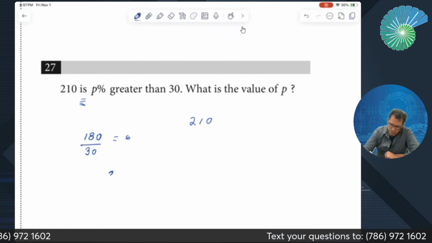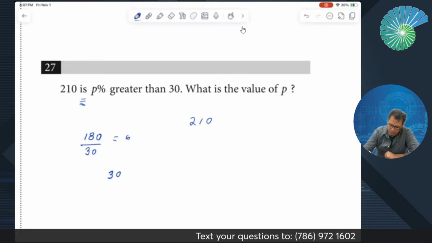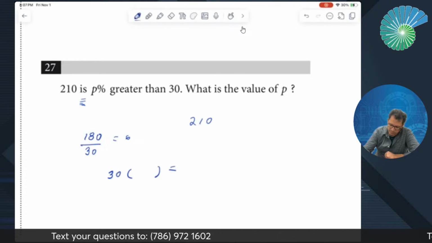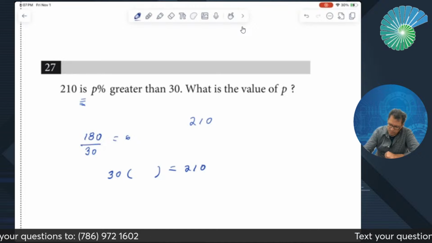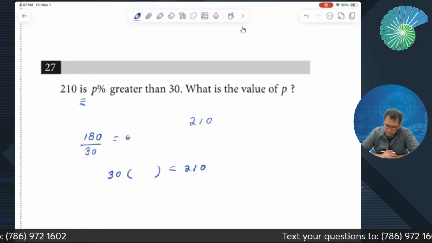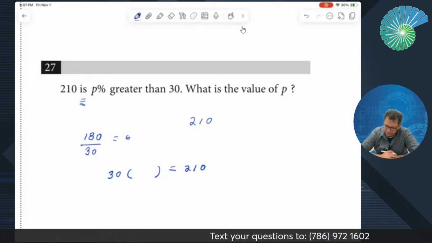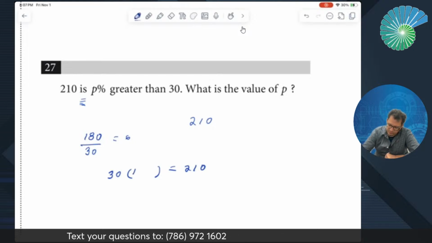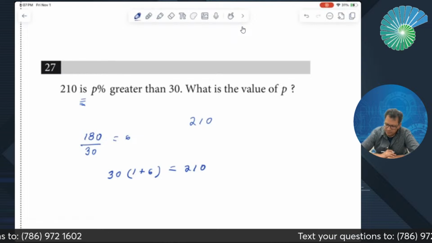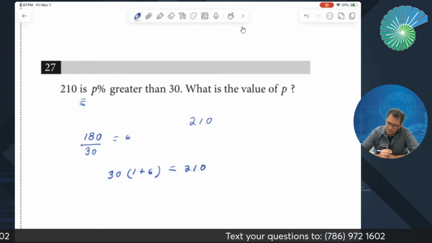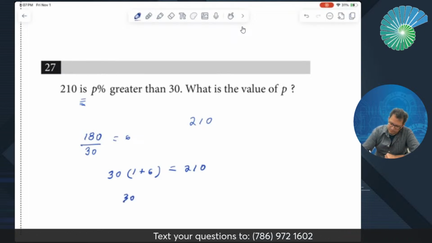So if we multiply 30 by a certain number, you get 210. Well, that number is 7.